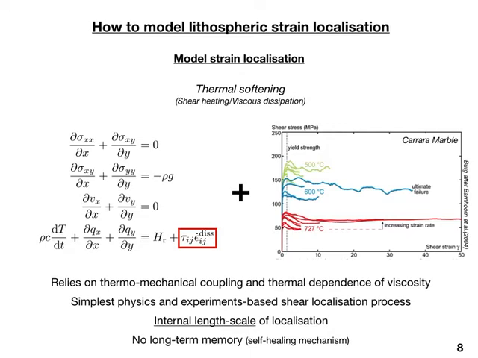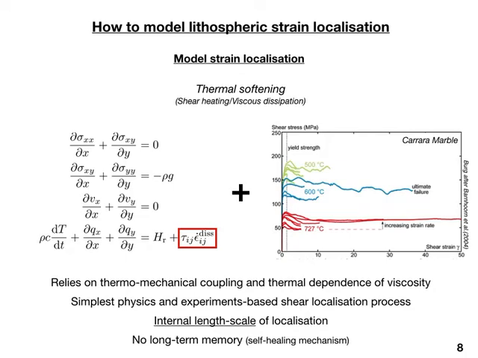There is an important term which should not be missed here in the temperature evolution equation. It is the product of deviatoric stress tensor with strain rate tensor. It's basically the dissipation. On the right side, you have experimental data which shows the strong dependence of creep viscosity on temperature. Numerical models can consistently combine these two aspects.